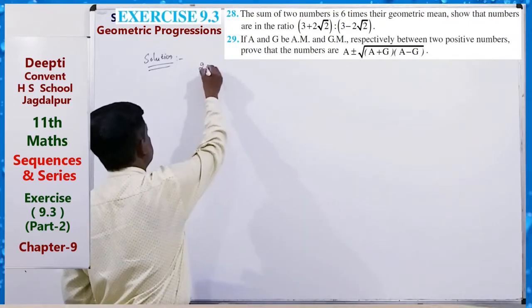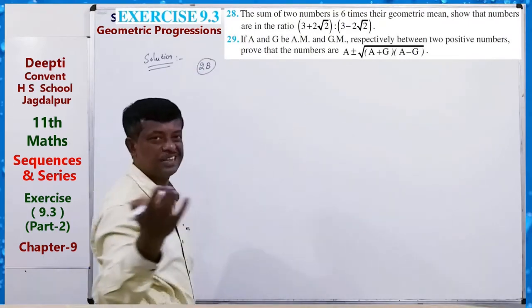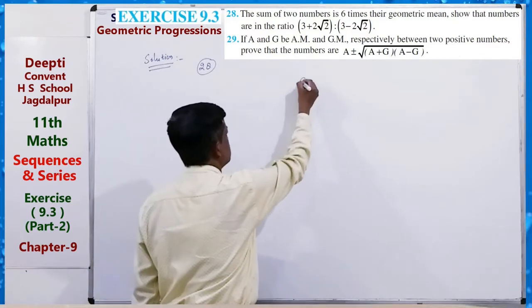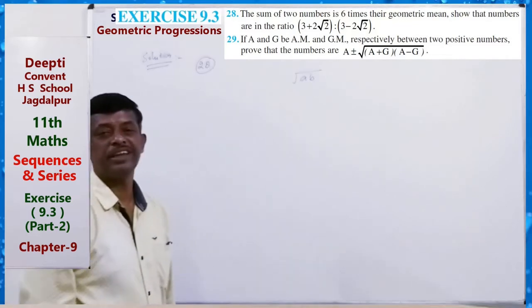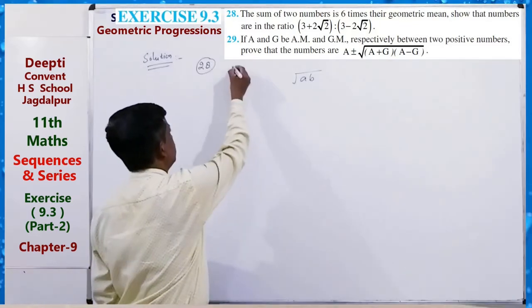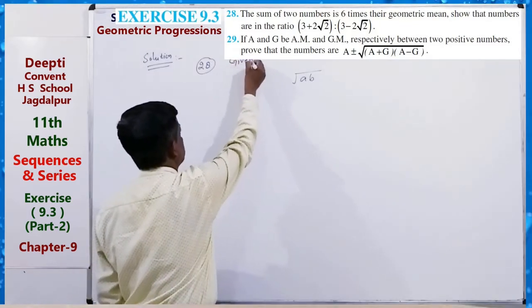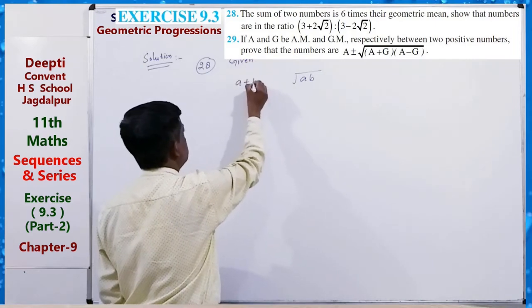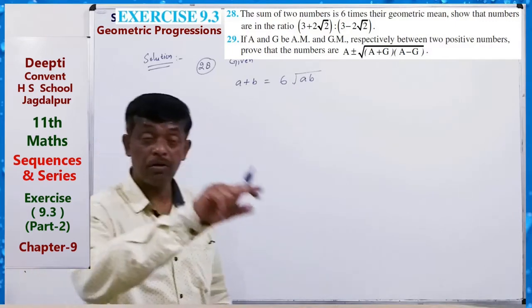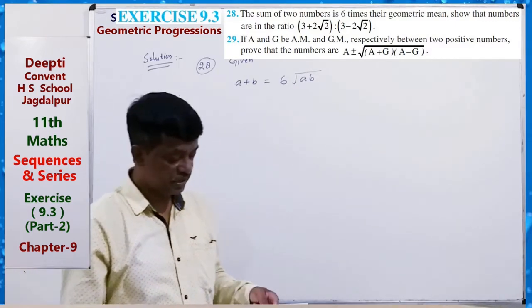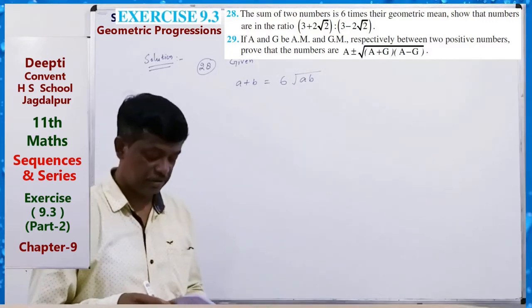So in 28, suppose the two numbers are a and b. Geometric mean of a and b, and given a plus b is equal to 6 root ab, 6 times the geometric mean of a and b.